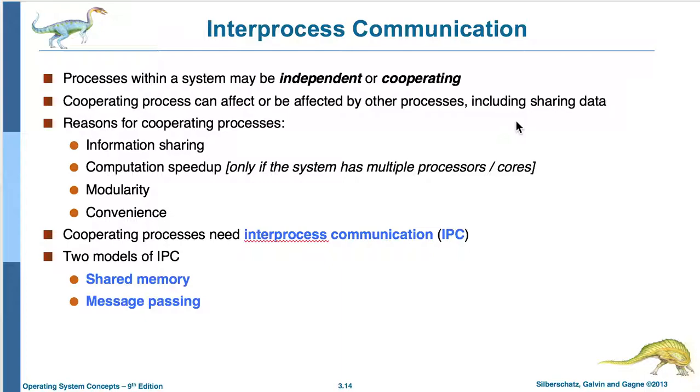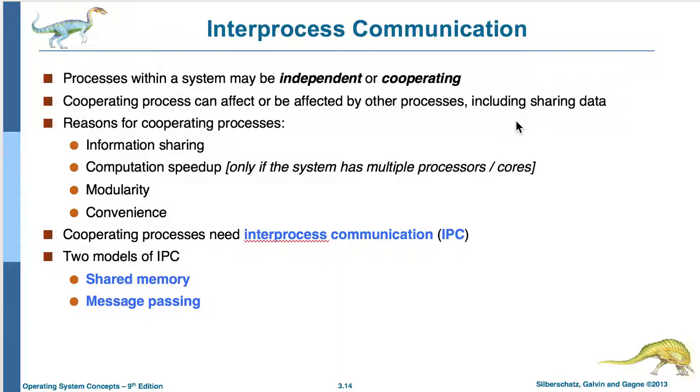Now, of course, this becomes really relevant only if you have multiple processors or cores in the system. If you have a single core system, you're not going to get any computation benefits by taking your program and architecting it so that it gets implemented as multiple processes. If you have a single processor, still only one particular process will run at a given time.